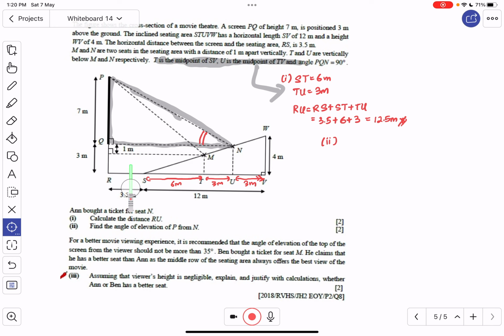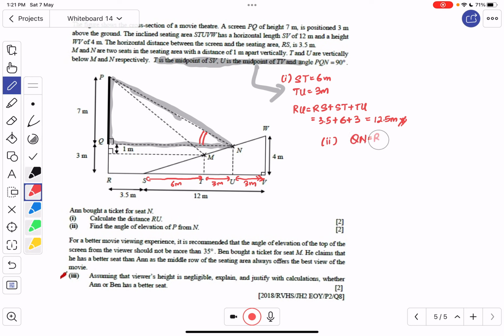And this QN is the same as RU, which is 12.5 meters. So in triangle PQN, this is 7 meters, and this is 12.5 meters. Then finding this angle is not difficult.